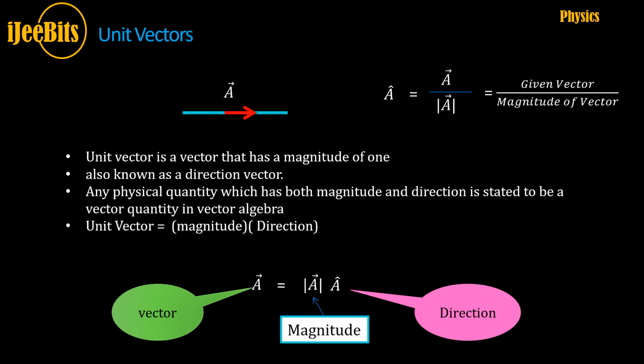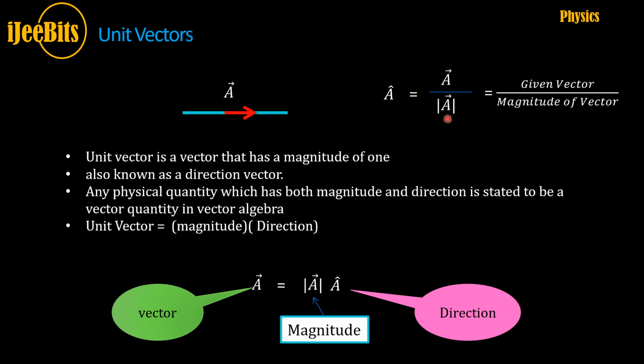Let's look at a unit vector. We have a vector, the length of the vector, and a direction shown in the picture, right? This is a vector. So what we are saying here is the unit vector is nothing but the ratio of the given vector divided by the magnitude of the vector.